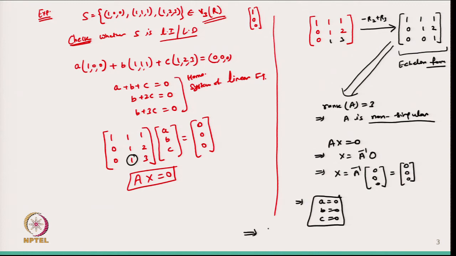So, from here I can say that these vectors 1 0 0, 1 1 1 and 1 2 3 are linearly independent. So, this way we can define that these vectors are linearly independent.